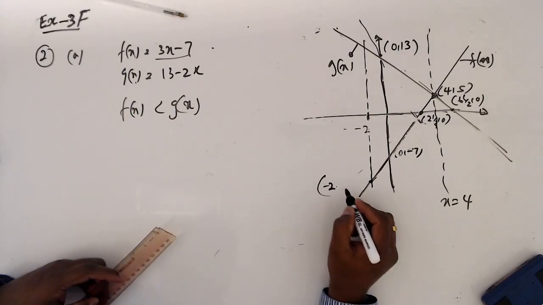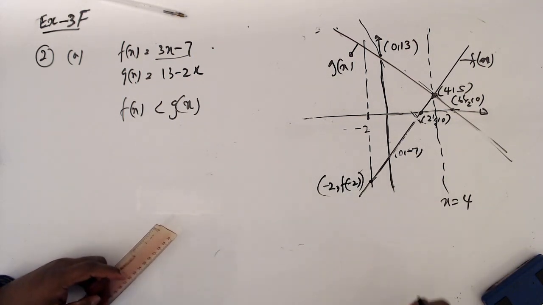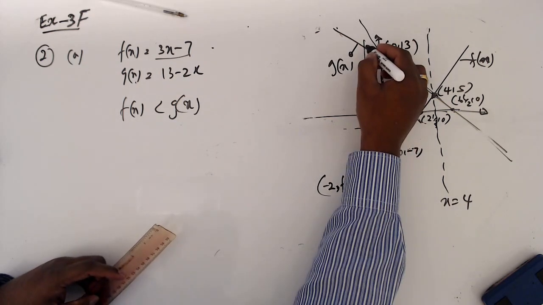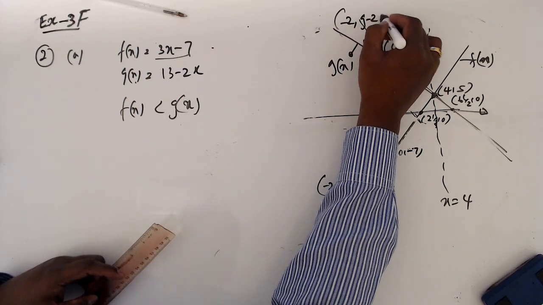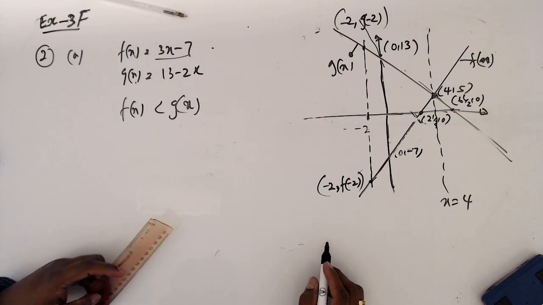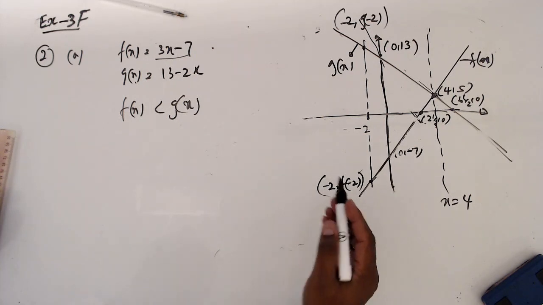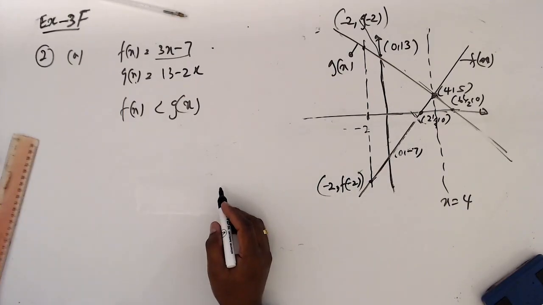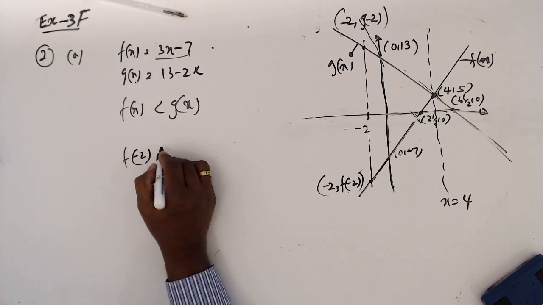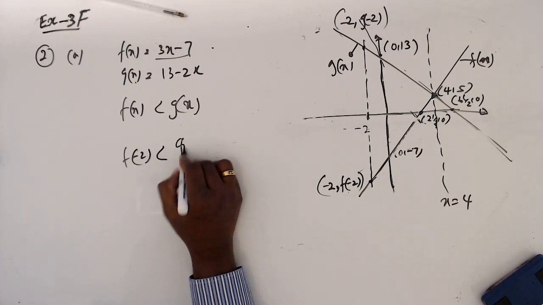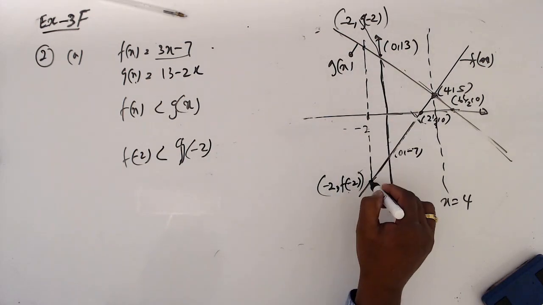What is this one? Minus 2, and then this is the f(x) line, f(minus 2). This is again minus 2. This is g(minus 2). Now which one is higher, f(minus 2) or g(minus 2)? You can see that f(minus 2) is less than g(minus 2).